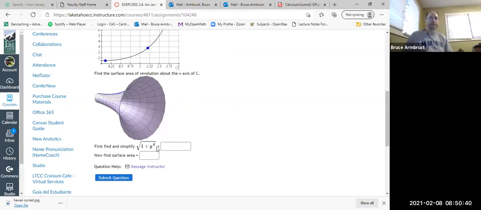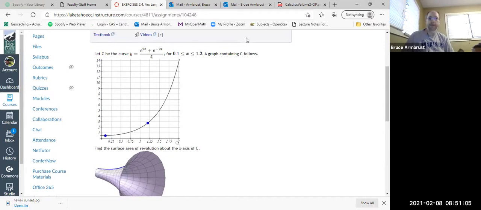That's the length part of our integral, and then find the surface area. Along the way, we'll simplify the square root of 1 plus y prime squared.